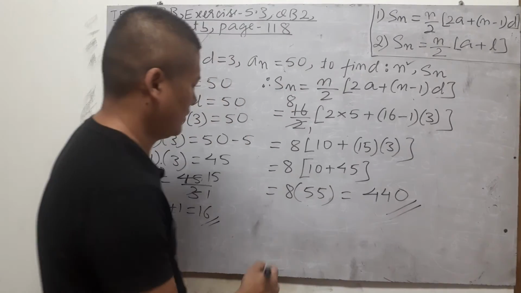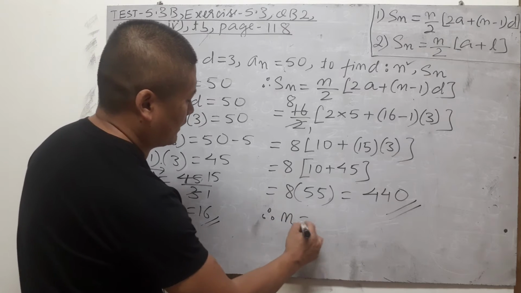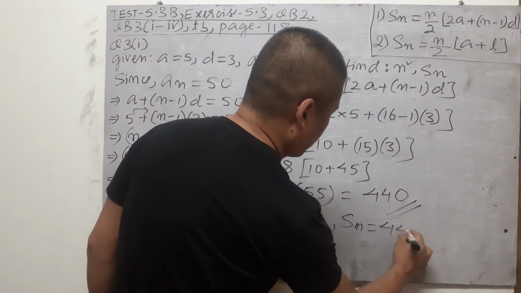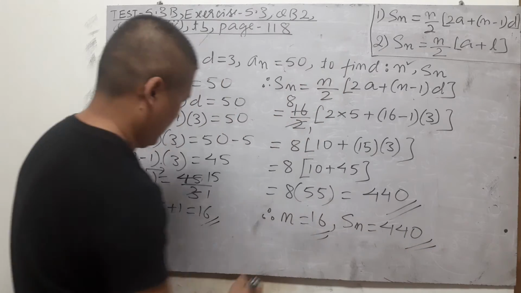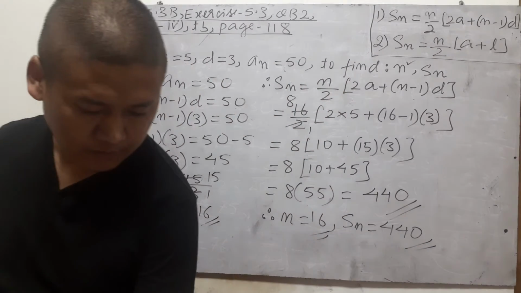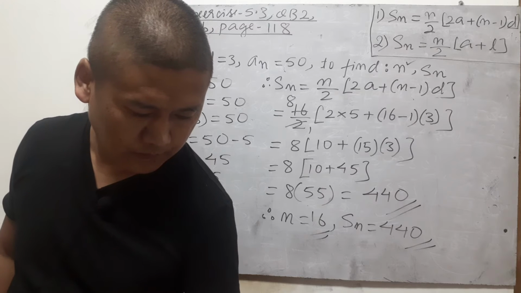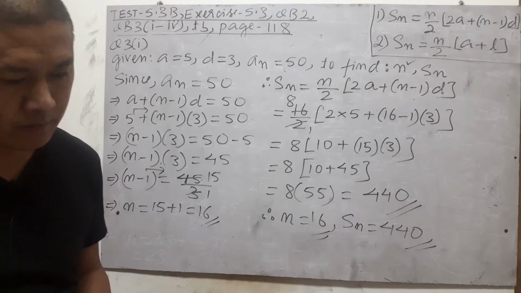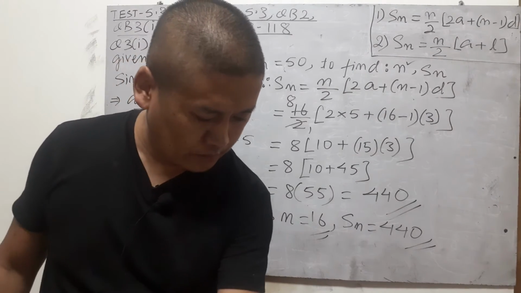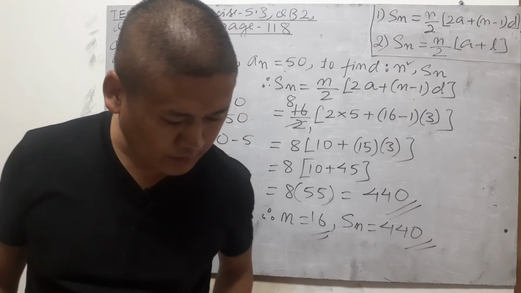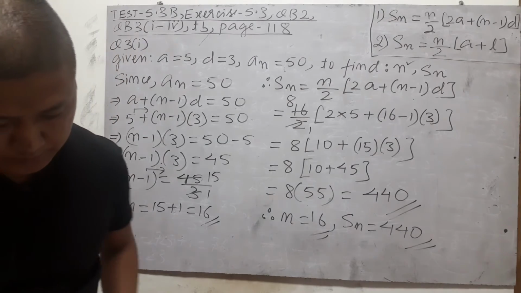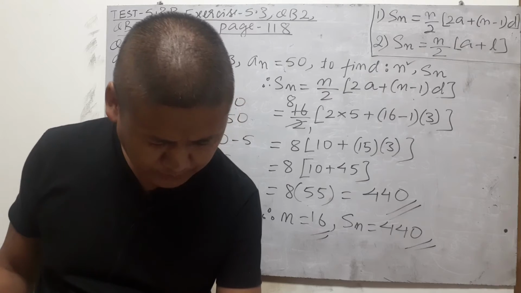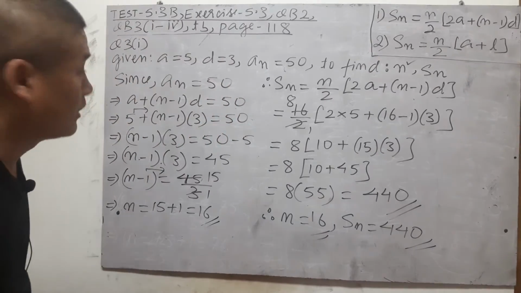So the Sn value is 440, and n we found out is 16. As you can see here, it's the same as the textbook answer. n is 16, yes, and 440, correct.